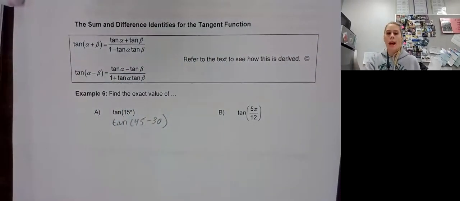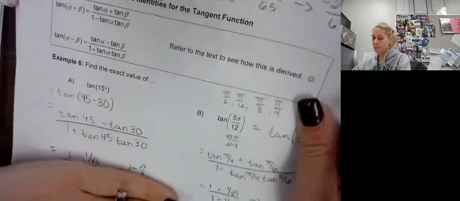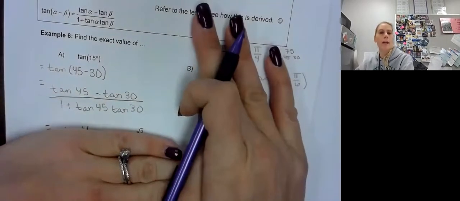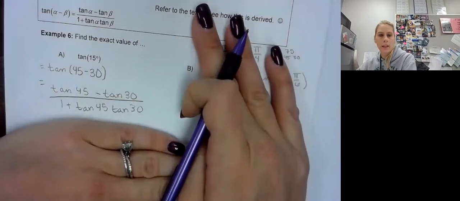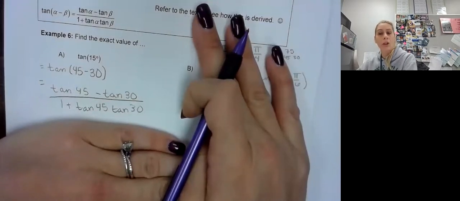So now when I put my 45 and my 30s in there, this is our normal identity. But when we look back at our unit circle, this is why at the beginning I said tangent of theta equals y over x.